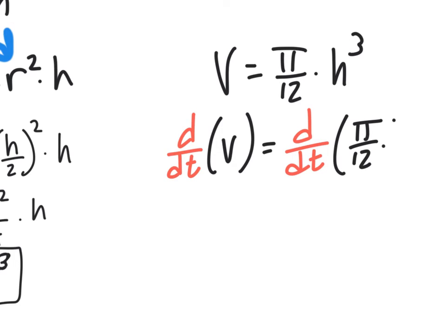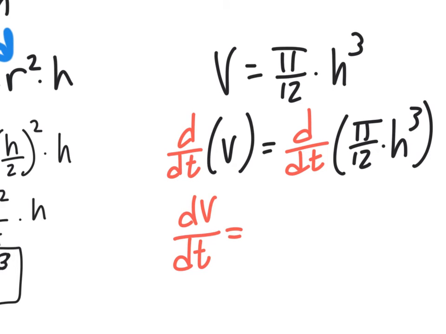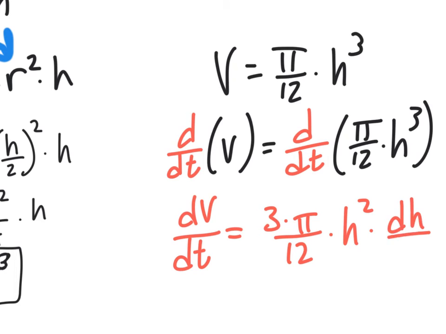Let's take this derivative using implicit differentiation, and I'm going to get dV/dt is equal to, I'm going to drop the 3 down, so 3 times pi over 12 times h squared times dh/dt. Remember, I'm trying to solve for dh/dt here.